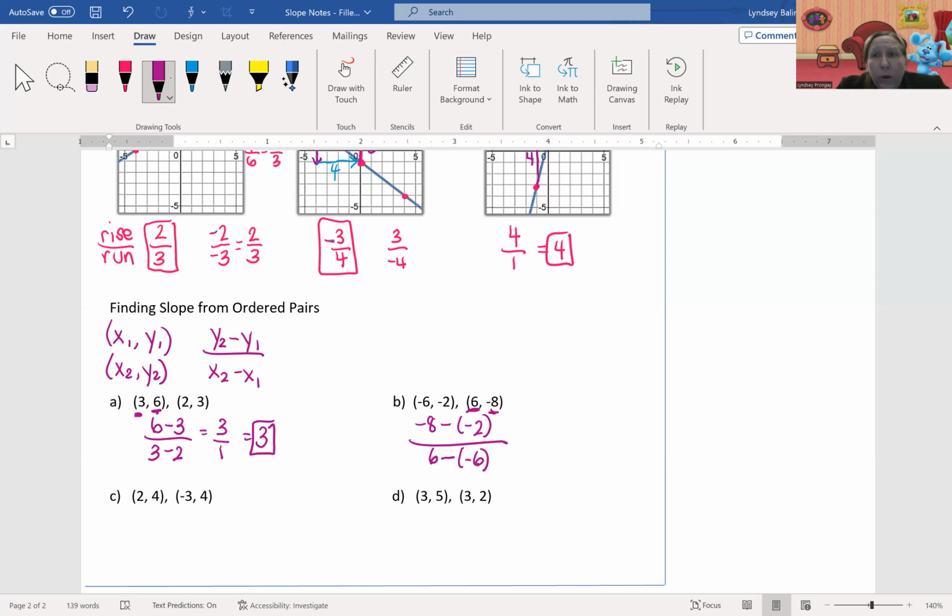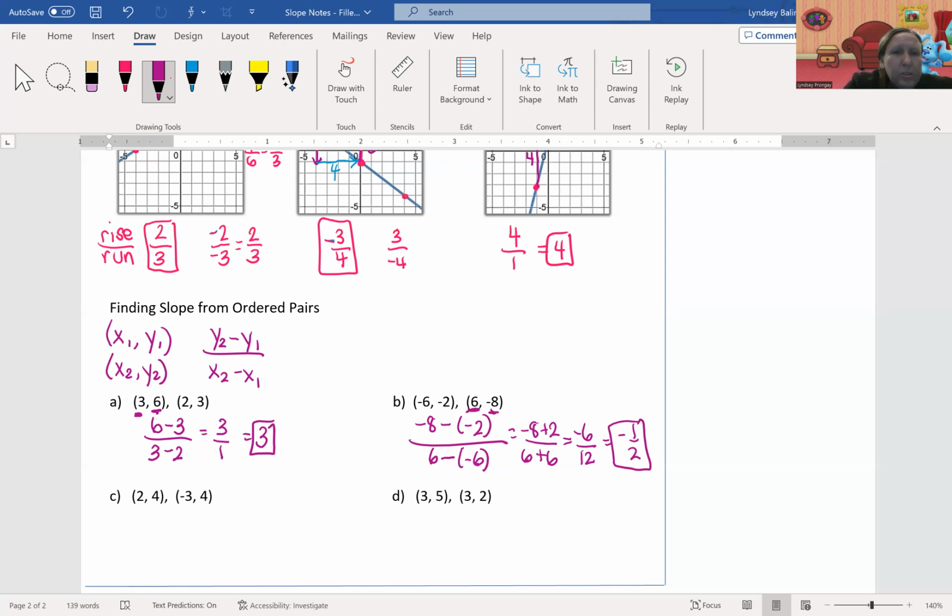So we always do subtraction. But now what's going to happen when we have minus and negative, it really changes into a plus. So this is going to become -8 plus 2 over 6 plus 6. Now, different signs, subtract your numbers, take the sign of what you have more of. We get -6 over 12. And in the end, our final answer simplifies to -1/2.